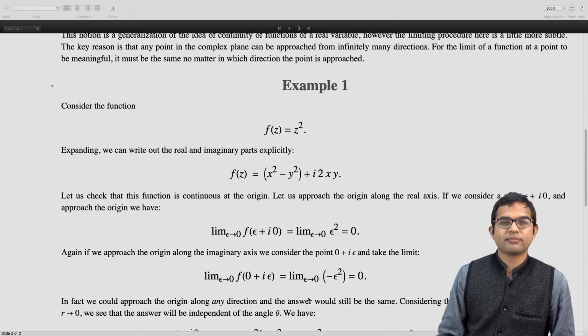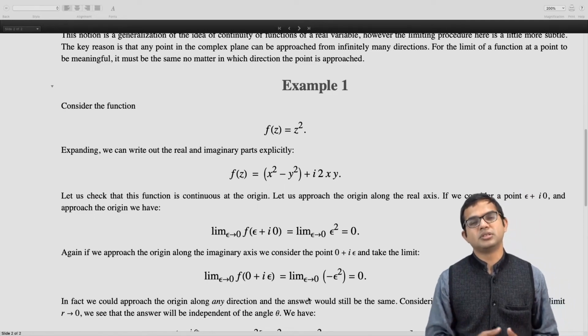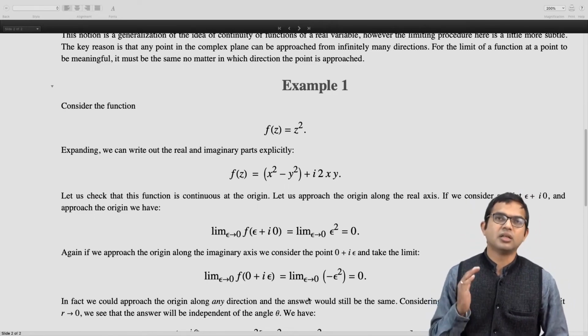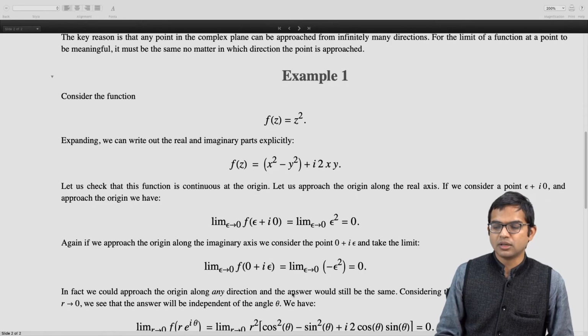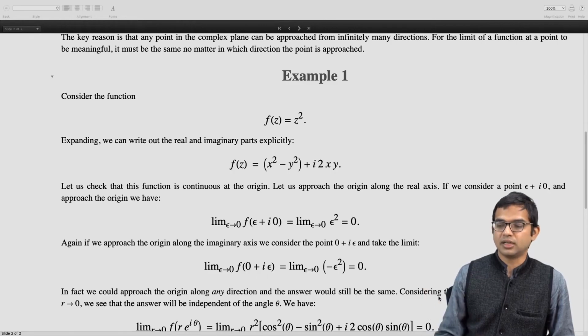So indeed, you could have approached this origin in any of the other directions as well, and you can convince yourself that it would still give you the same answer. So to do that, you consider something like a displacement of r along a direction theta.